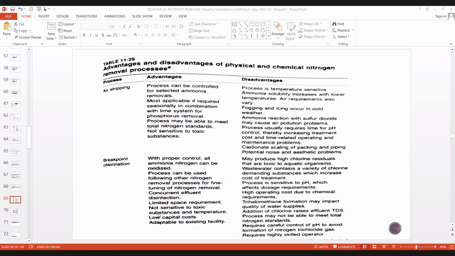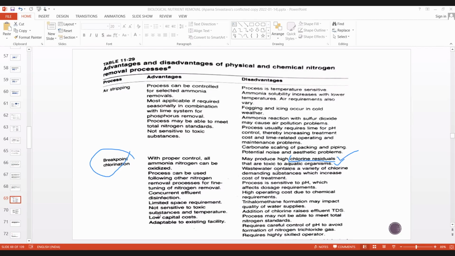Next, it may produce high chlorine residual. Because in breakpoint chlorination it is wastewater, the ammonia chlorine demand is going to be high. Once chlorine demand is high, naturally more chlorine residual is going to be there, which is toxic to aquatic organisms.